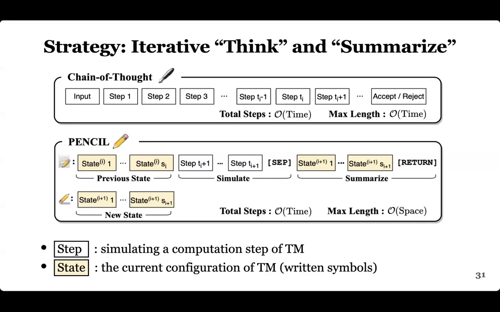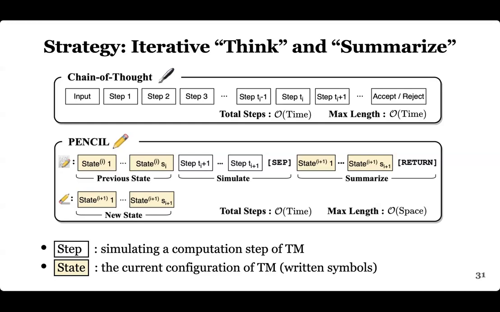Here, a step means simulating one step of computation of the Turing machine, and the state means a set of tokens whose size is proportional to the space used in the Turing machine to keep track of the current configuration of the Turing machine.